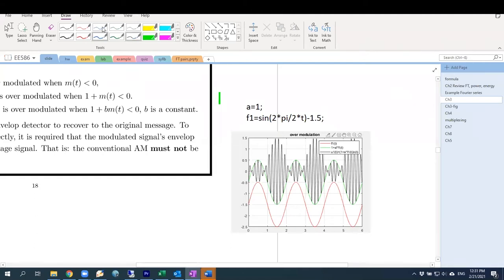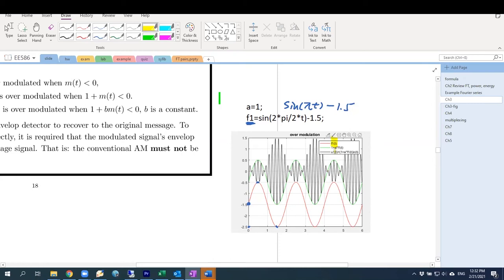Now I have another example here. f1(t) equals 2 sine(pi t) minus 1.5. If I plot f1(t), when t equals 0 it is minus 1.5. The minimum value for f1(t) is negative 2.5, and the maximum is negative 0.5. This red line is f1(t).